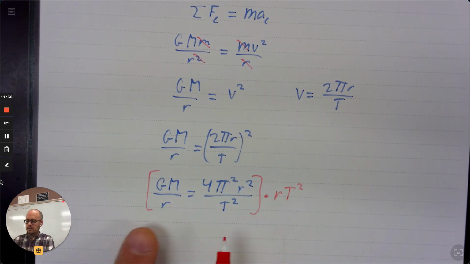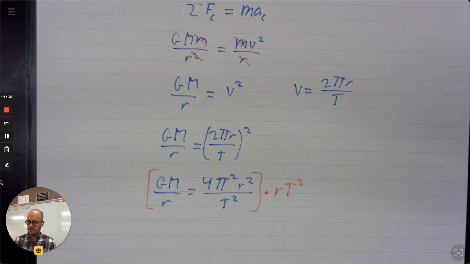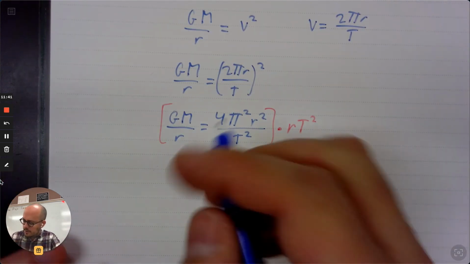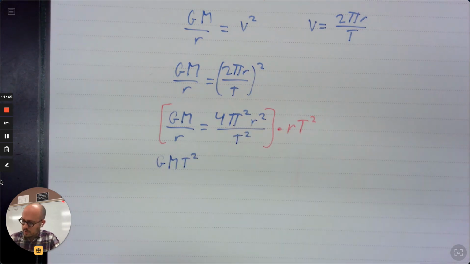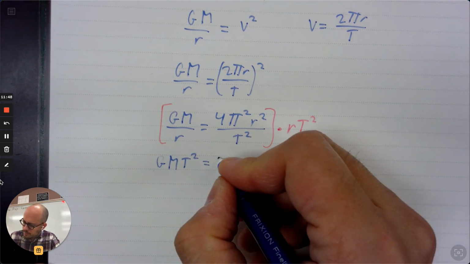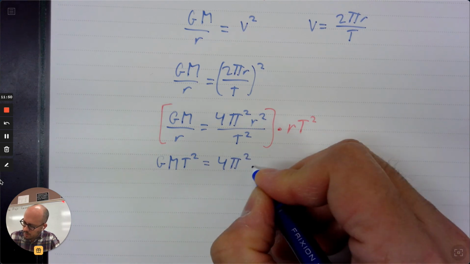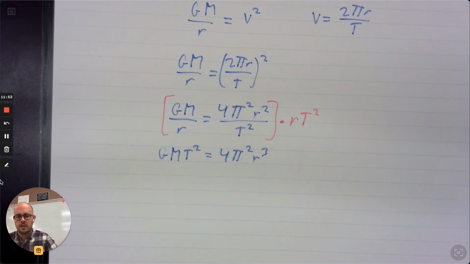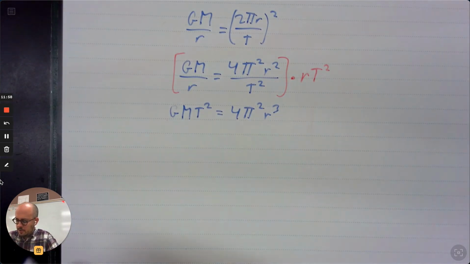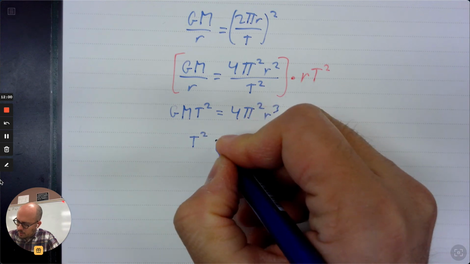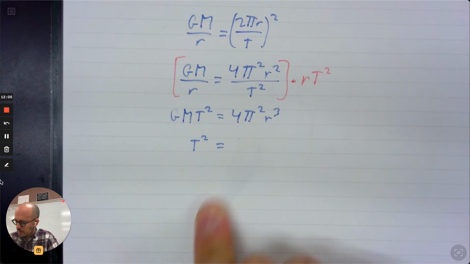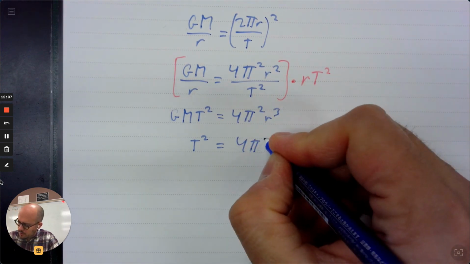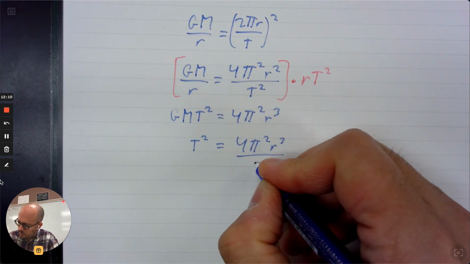The purpose of that is to get rid of the denominators. The end result that I would have is GM T squared equals 4 pi squared r cubed. And we're almost done. I would then divide both sides by GM. I would get T squared equals 4 pi squared r cubed over GM.